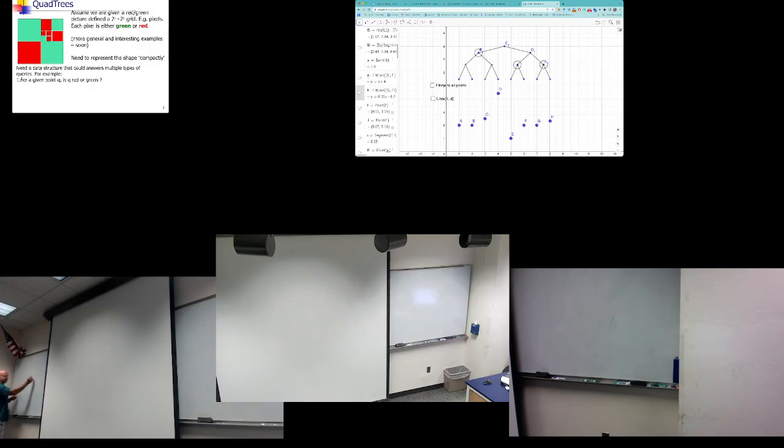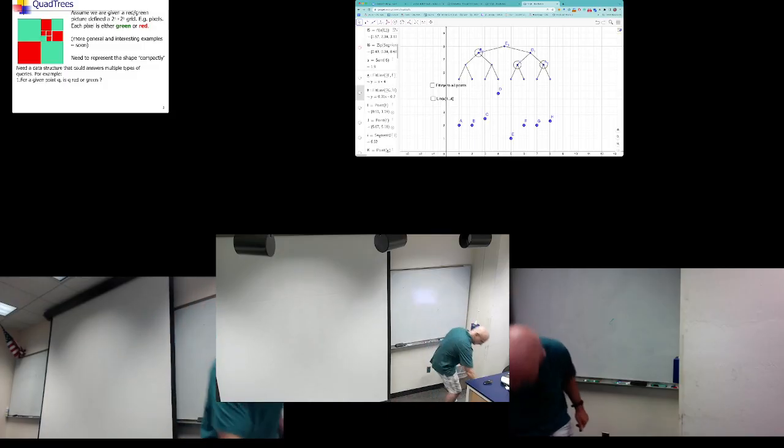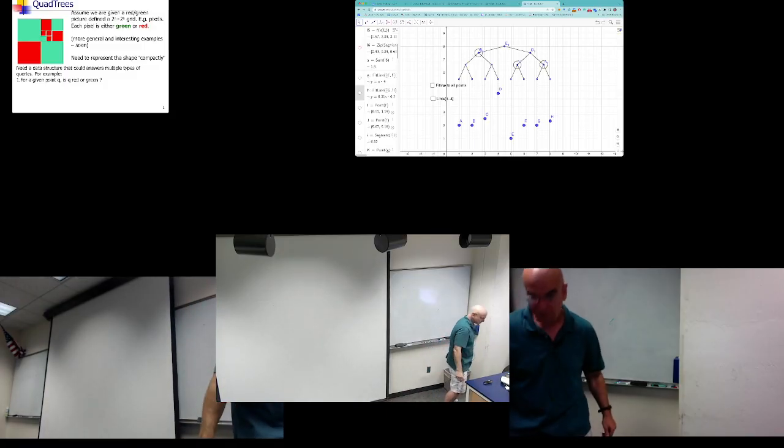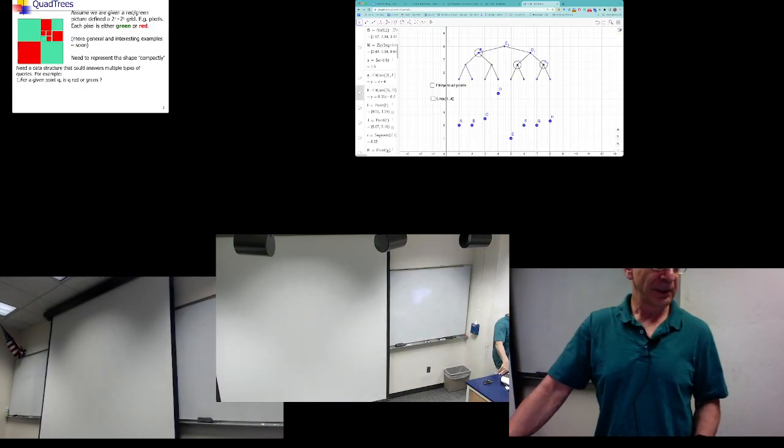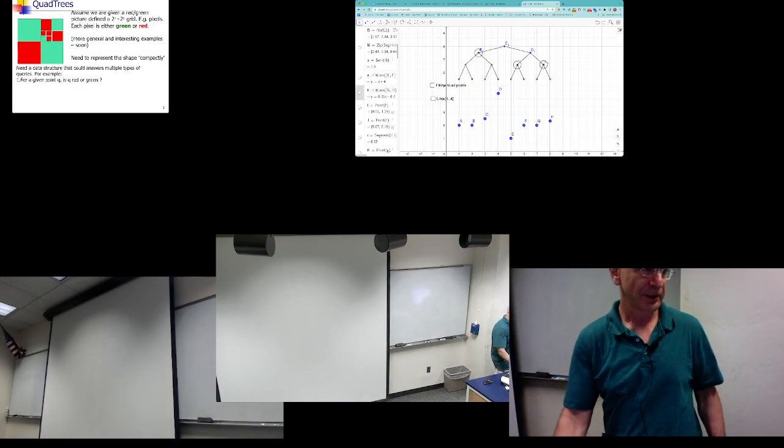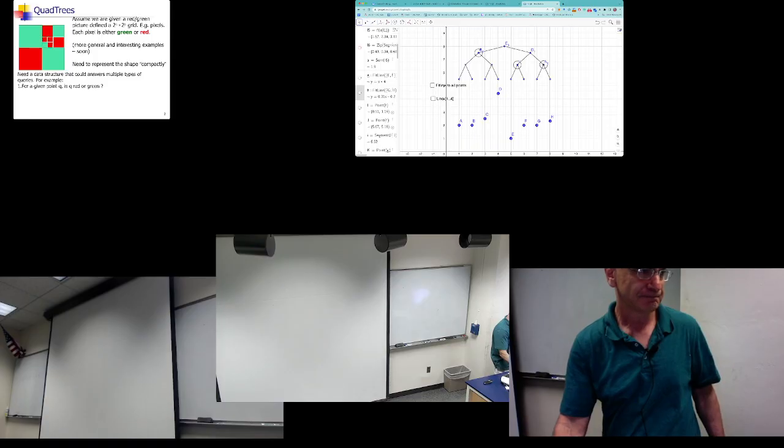Okay, we'll sometimes play with examples of the one-dimensional quadtrees, so I'll keep it on the whiteboard. We'll hope that the projector will start collaborating with us finally.